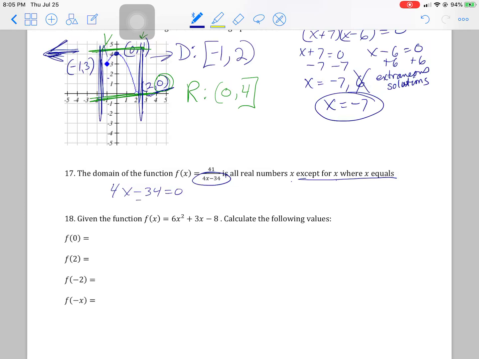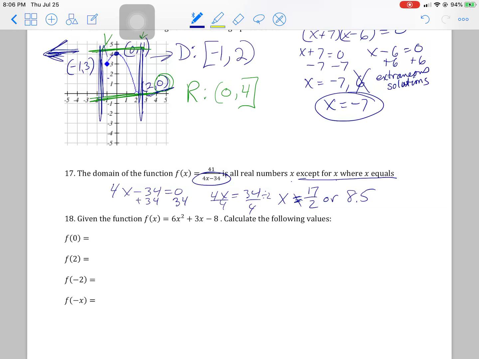So that would tell us what x cannot be. For x, that reduces by 2, that's going to be 17 over 2, or it doesn't say if it wants a decimal, 8.5 would be something that x could not be. I don't know if they want to put it like that. So think of the domain as all x's would work there except for 17 over 2 or 8.5. Okay, I believe that's what that's looking for.